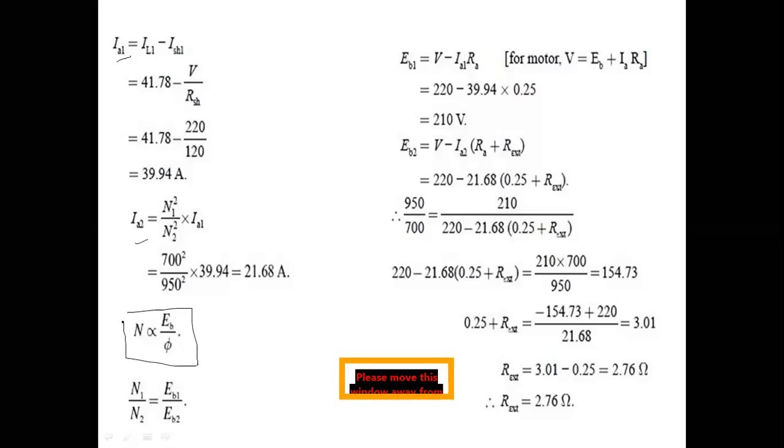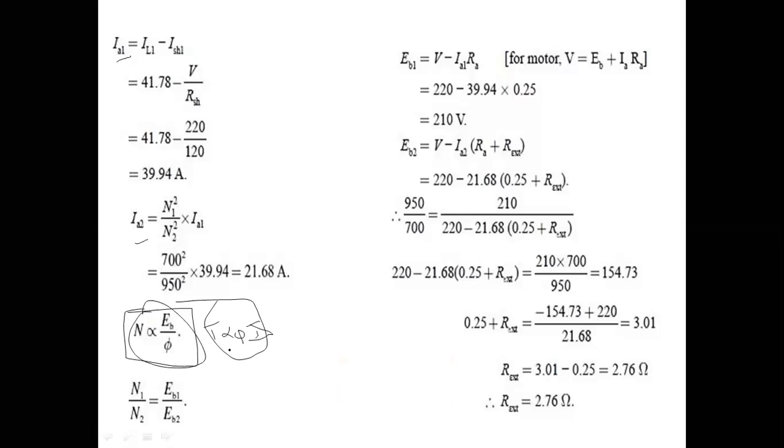What I have said, the equations we follow from the starting are two: torque is directly proportional to phi Ia, and speed is directly proportional to the back EMF and inversely proportional to the flux. By using these, you calculate N1 by N2 equals Eb1 by Eb2. In the shunt motor, you neglect phi because it is constant.